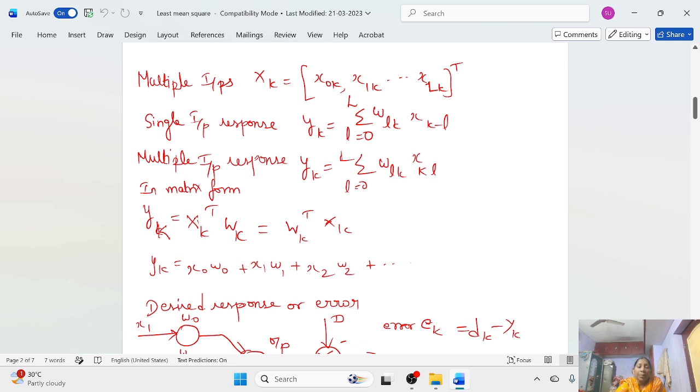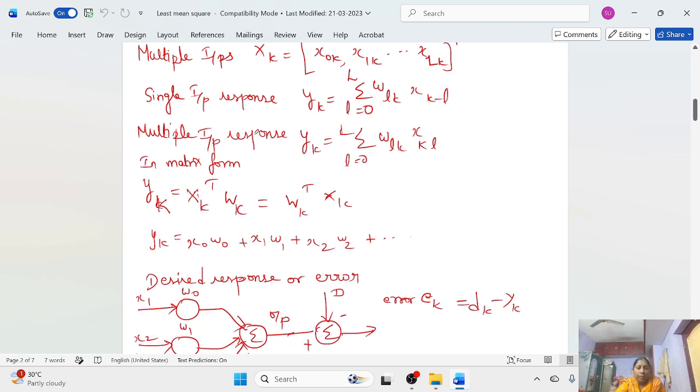And for the multiple input response, yk equals the summation over l equal to 0 to L of wlk into xlk. In simplified matrix form, we can represent yk equals xk transpose wk, which is equivalent to wk transpose xk. When you expand this, yk is x0 into w0 plus x1 into w1 plus x2 into w2, and so on.